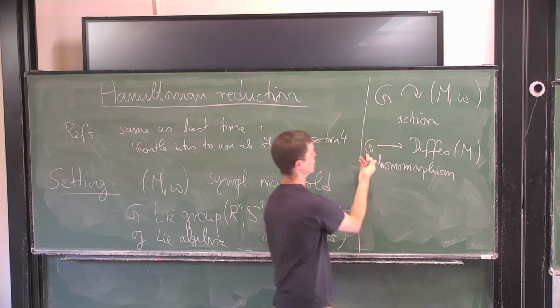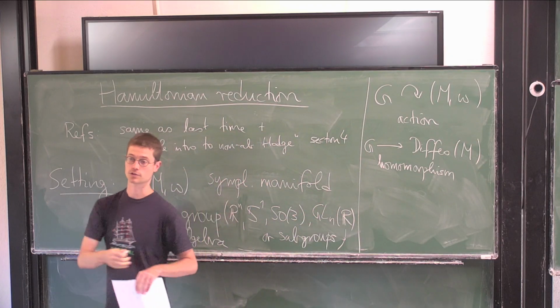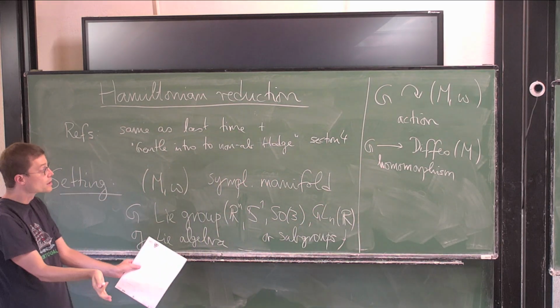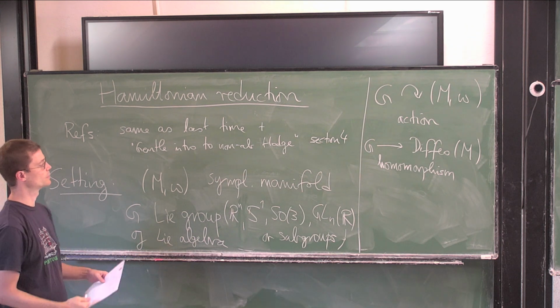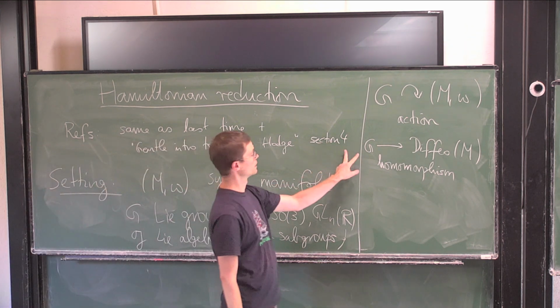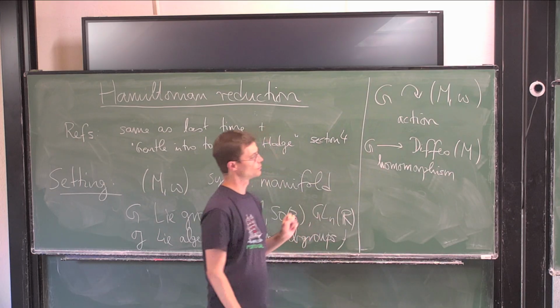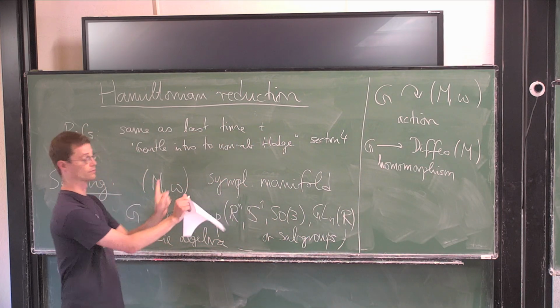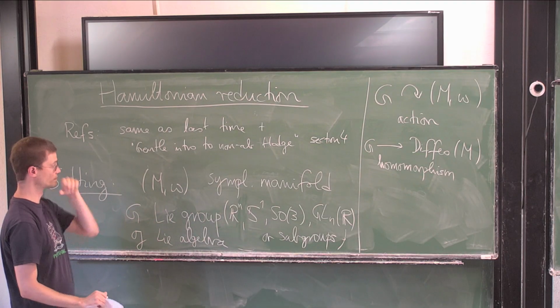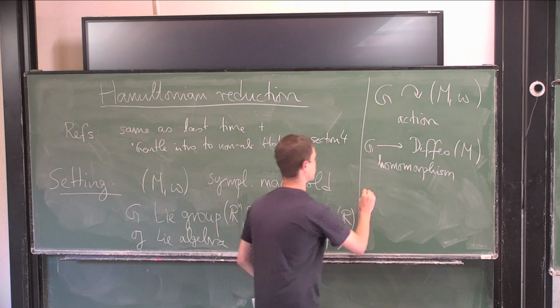This means that in the group you have an identity element, so you want this to act trivially, by the identity on the manifold. And if you have two group elements, one acting by some diffeomorphism and the other by another diffeomorphism, then if you combine these two, you just compose the diffeomorphisms.